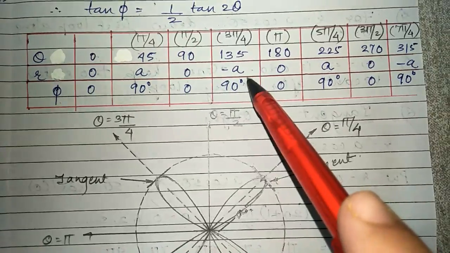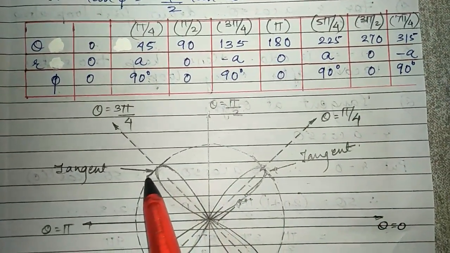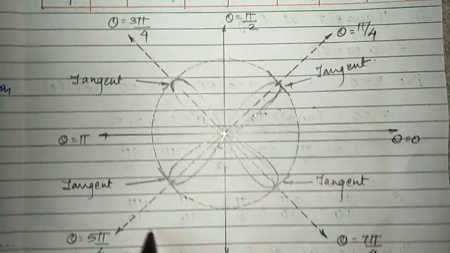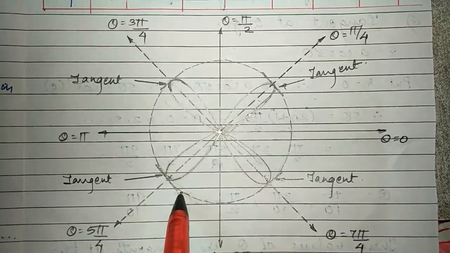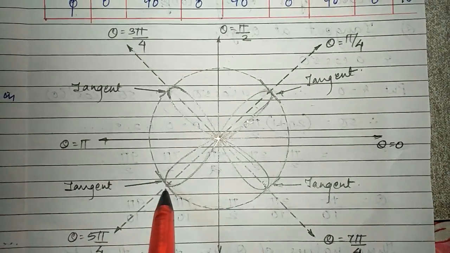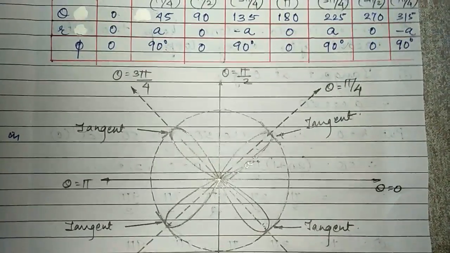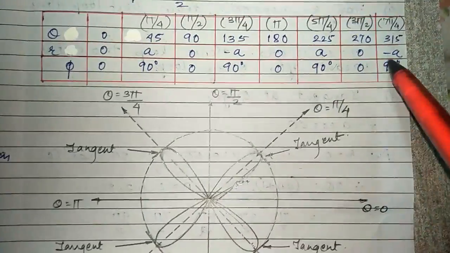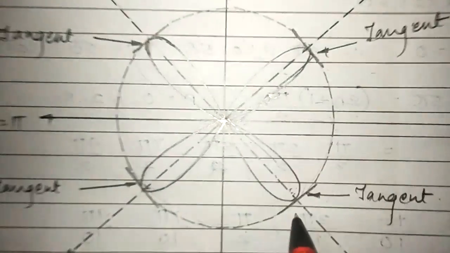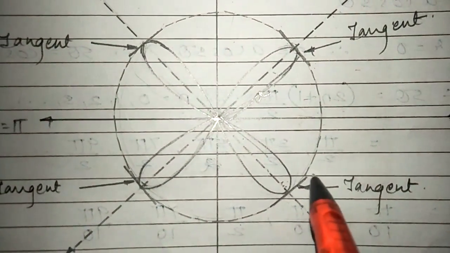Same is the case for 3 pi by 4. You can see we have a tangent at this point. Then 5 pi by 4, you have a tangent to the curve at this point, and the angle between the tangent and the radius vector is 90 degrees. Same is the case for 7 pi by 4, you have a tangent at this point.